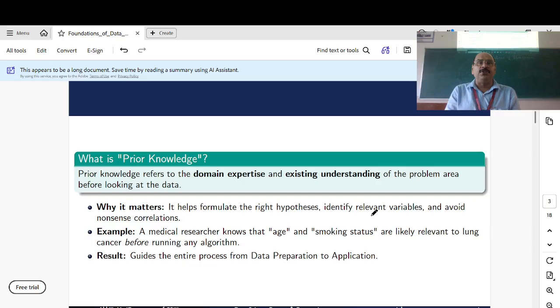In the previous session, in lecture 1, I gave you an example of a patient and a doctor, right? A patient is approaching a doctor for some kind of diagnosis to understand what kind of disease a person is having.